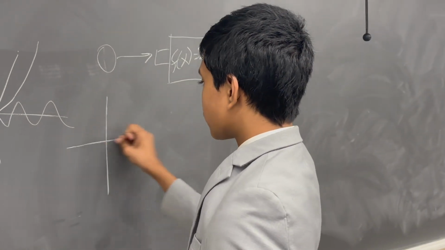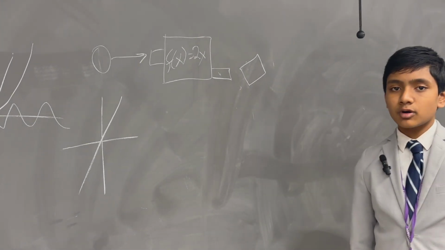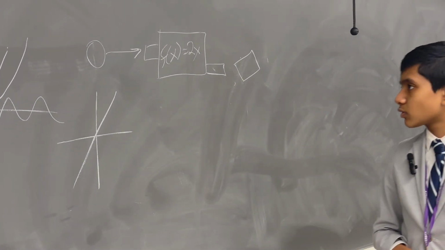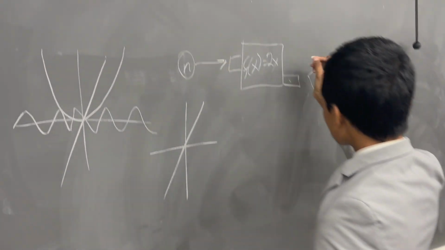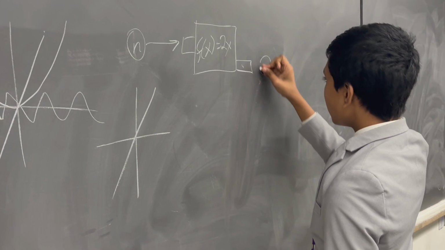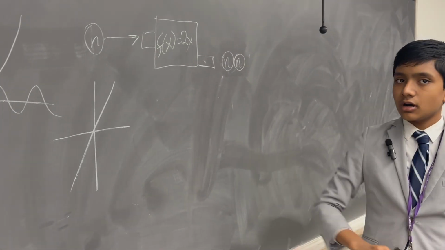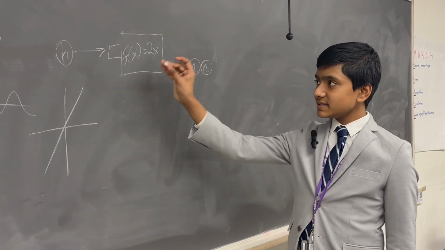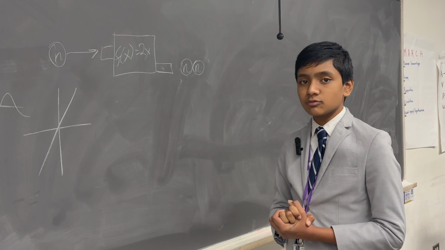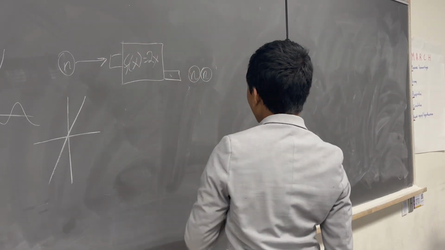It's not just a really steep line on the xy axis, even though that's what you may have learned it is in Algebra 1. What it actually does is it takes our original number and it spits it out, adding it to itself. So we go from n to 2n. So this is the basics of how a function works. It takes in something and it spits out something else.